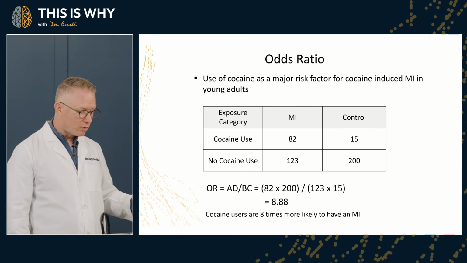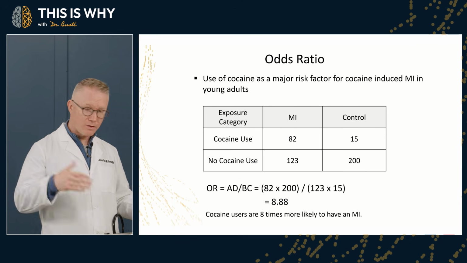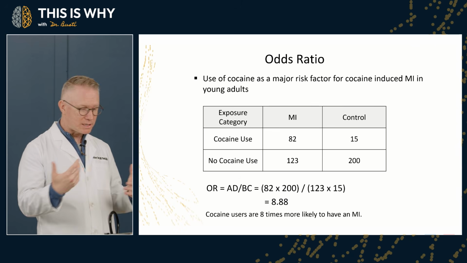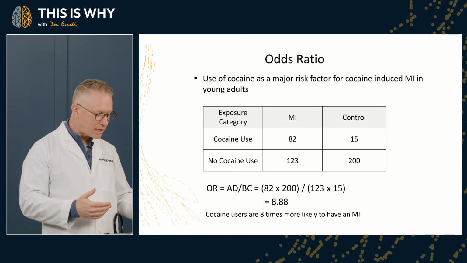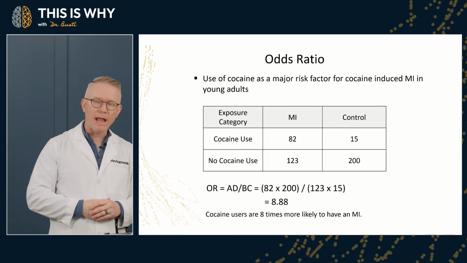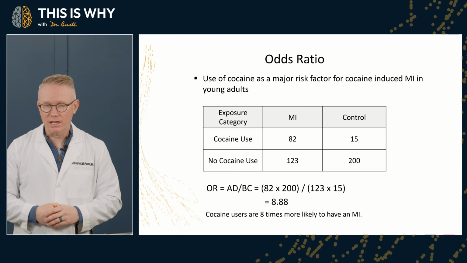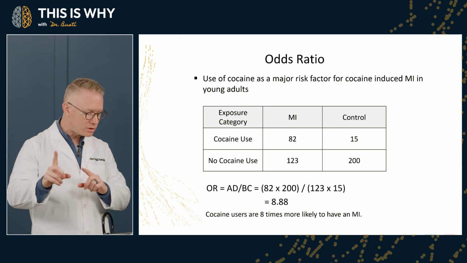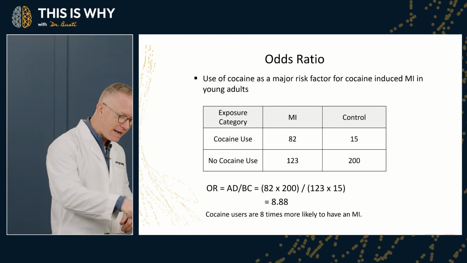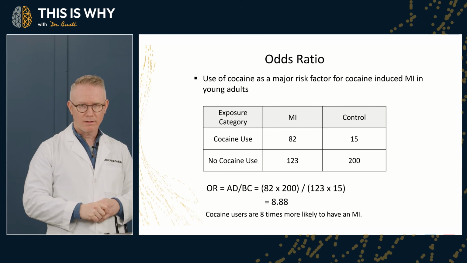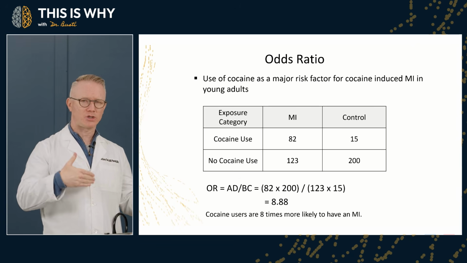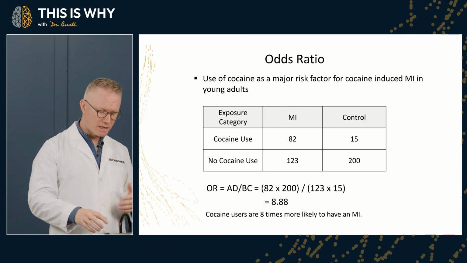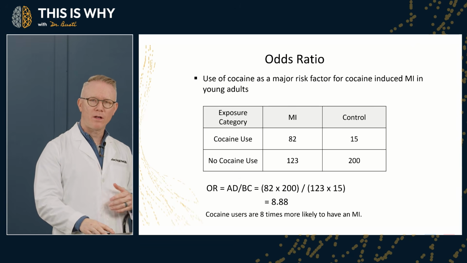And you look at the control group. So remember, those who didn't experience it. So when you do the math, A times D over B times C, you get 8.8. And what that means is cocaine users are 8 times more likely to have an MI. Okay, so again, it's that interpretation that makes it really important in the overall application.